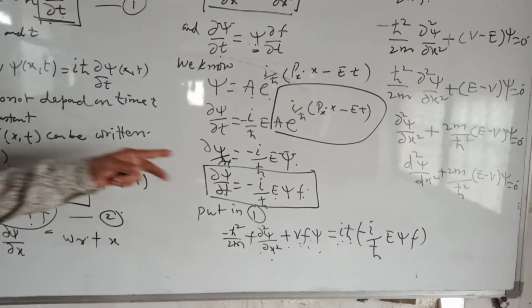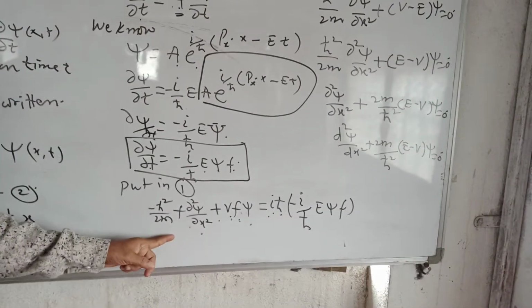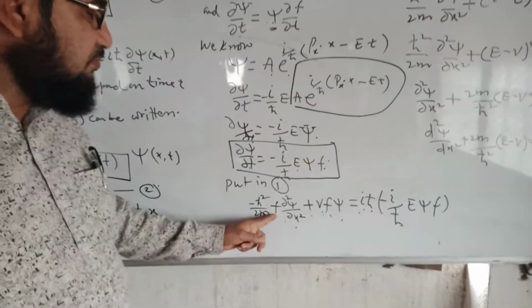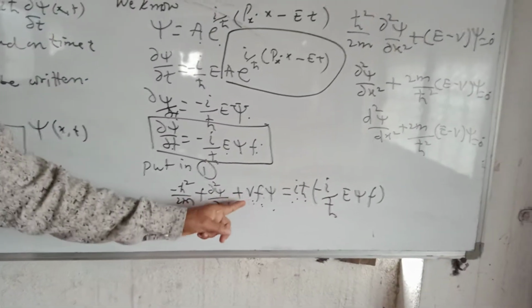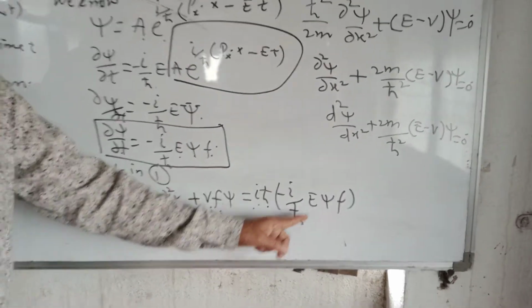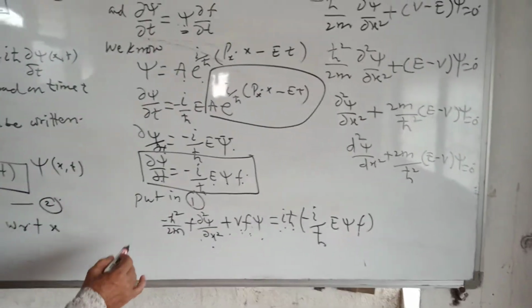So I can substitute these values in this equation number 1, and I will get this equation in terms of -ħ²/2m f ∂²ψ/∂x² plus Vfψ is equal to iħ times -i/ħ E ψ f. Now I will divide the equation by f.